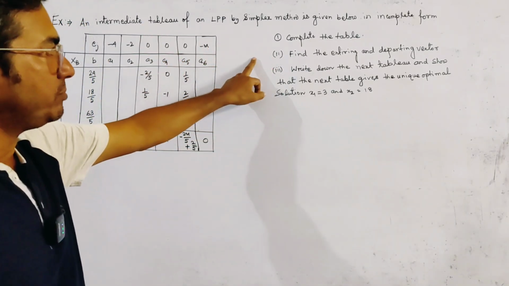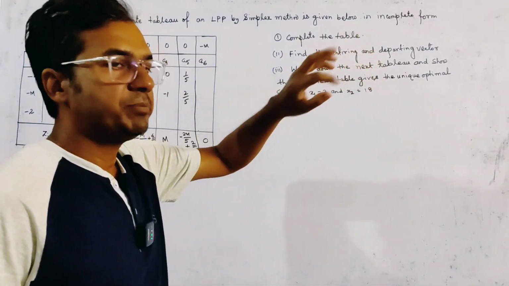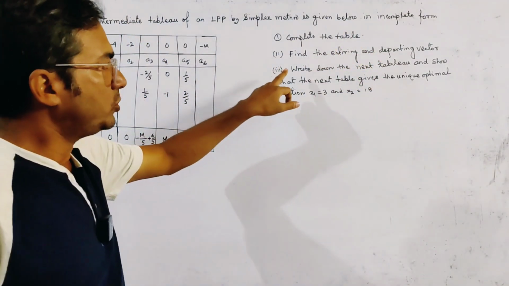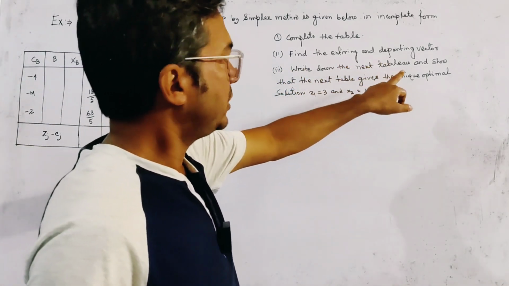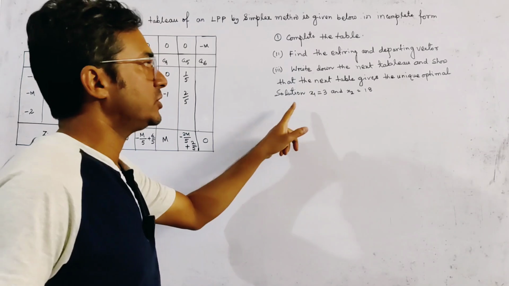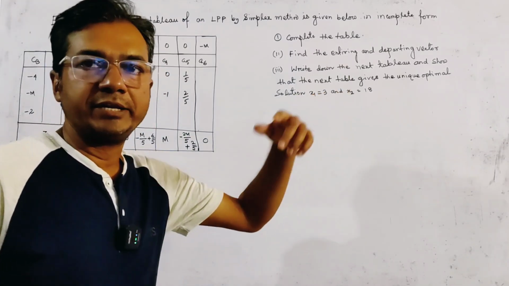In the second, we have to determine the entering vector and departing vector. In the third, we have to write down the next table and show that it gives the unique optimal solution, which is given by x1 equal to 3 and x2 equal to 18.